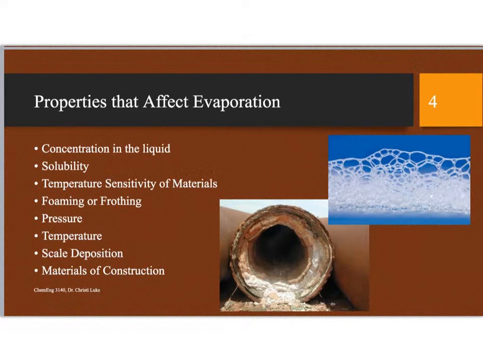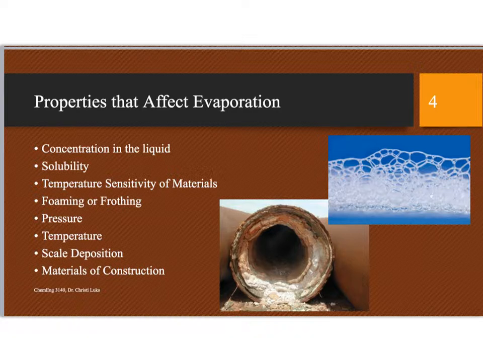Some of the things that are going to affect the rate of evaporation are things like just what is the concentration in the liquid, because that drives our phase equilibrium. But also solubility, how much of the material can be dissolved into the liquid. And then there's going to be temperature sensitivity issues, or whether as this material is boiling, does it foam or froth?